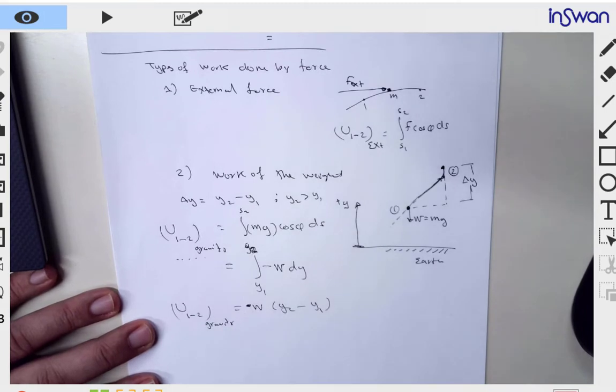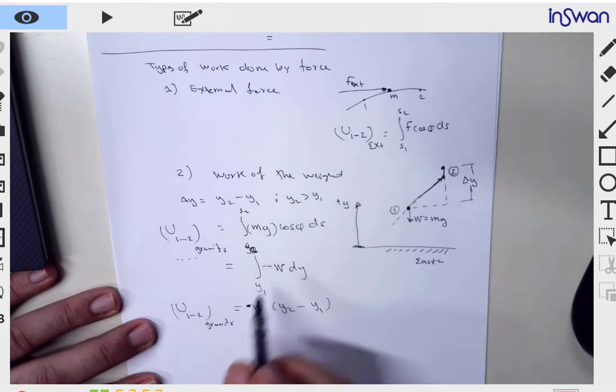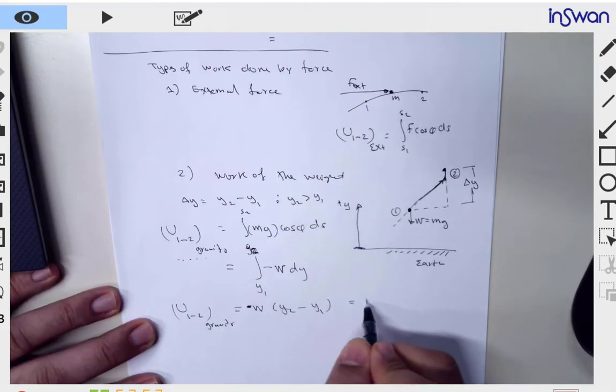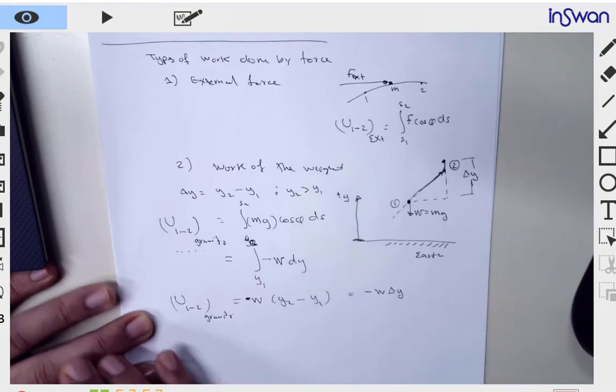And here's the negative, right? Or negative w delta y.